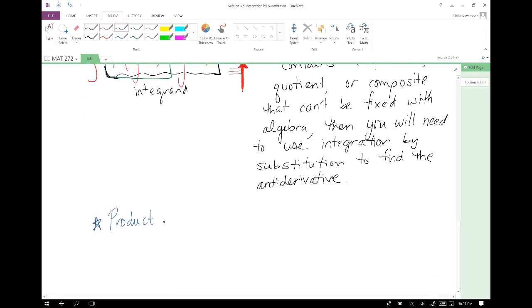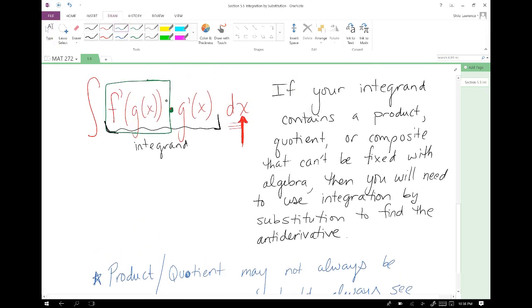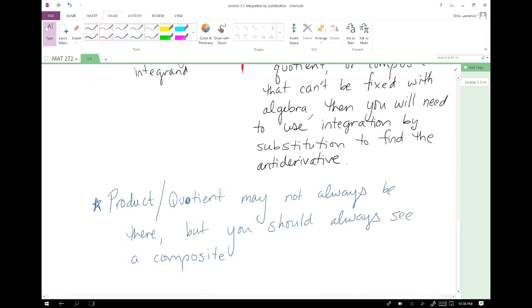So the product or quotient may not always be there, but we will always see a composite. And that composite function is definitely the much more difficult piece to deal with in that integrand. And that's where we want to start.